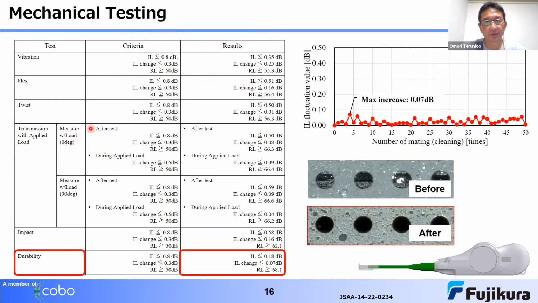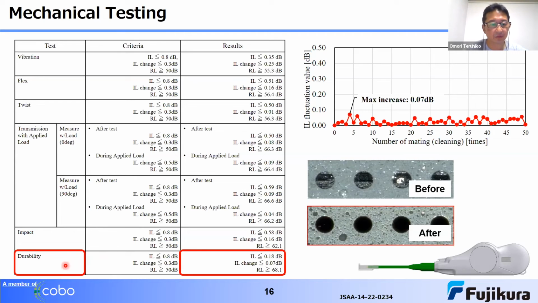Also, these are the mechanical testing results. We did vibration, flex, twist, and transmission with applied load, and the impact and durability tests, based on Telcordia 1435, and we got good results.